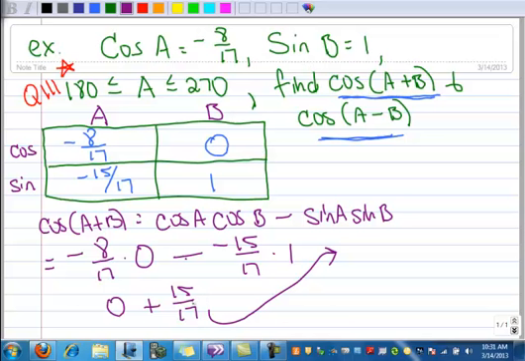This one is times 1, so minus a minus is a plus. So 0 plus 15 17ths. So the answer there is 15 17ths. Let's write that right up here so we keep track of our answers. 15 17ths.